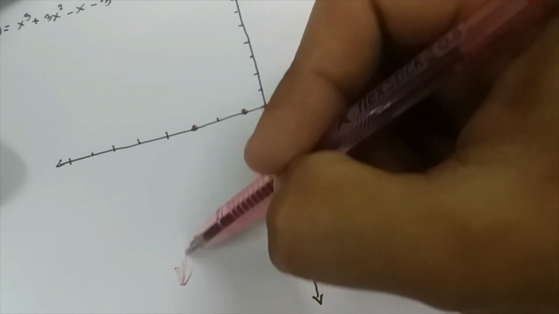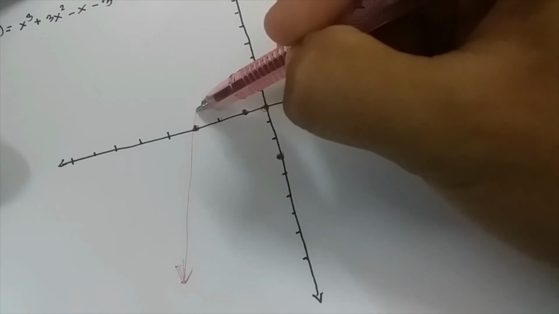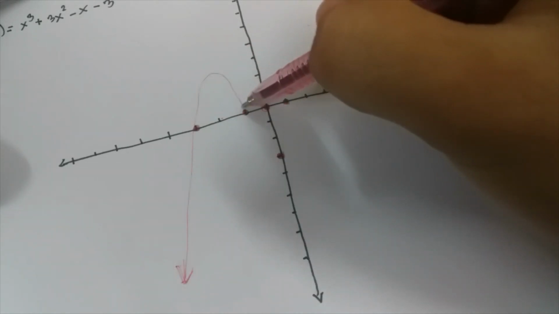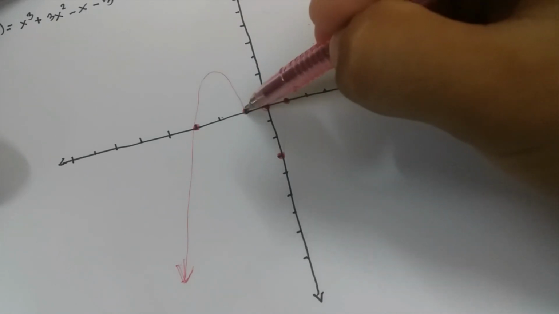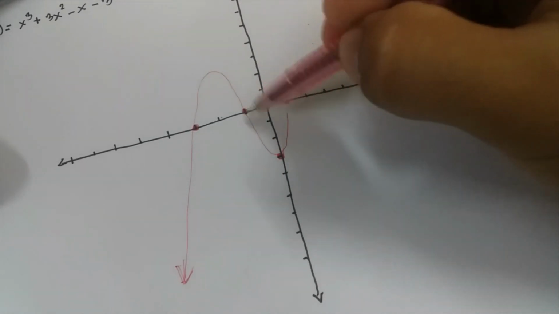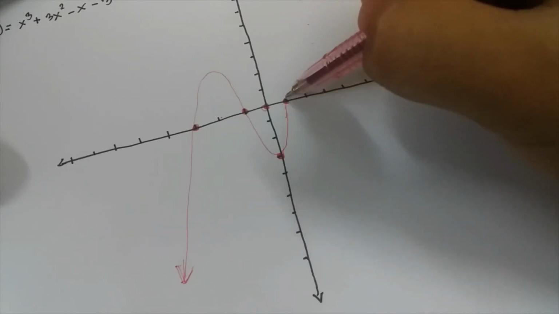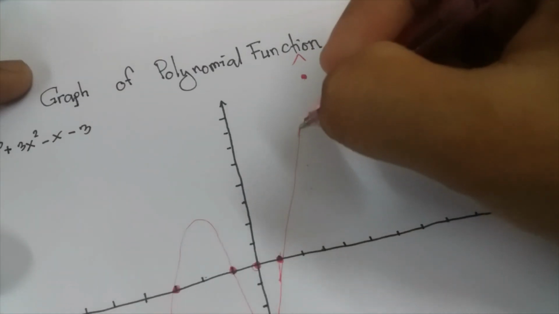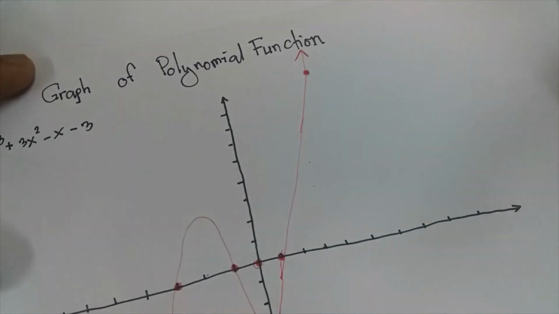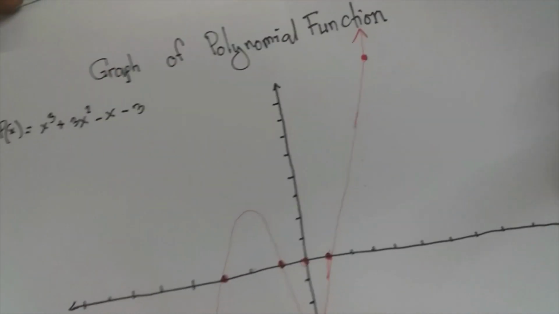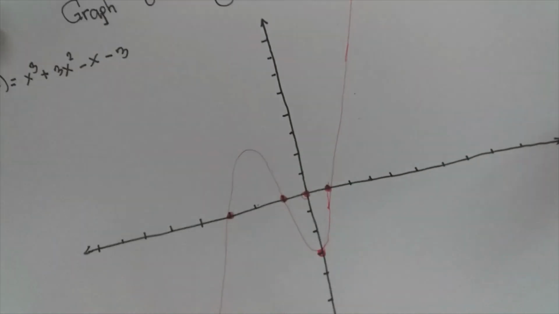We have 2 turning points, remember, this is 1. The next will go down, then up. So this is the second turning point. Like this one. The graph may not look accurate, but actually they are the same.